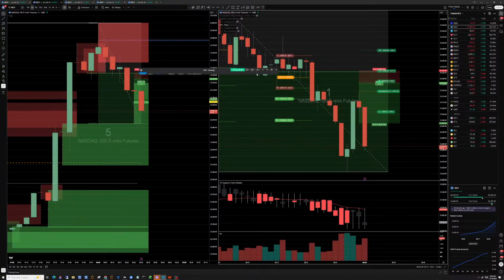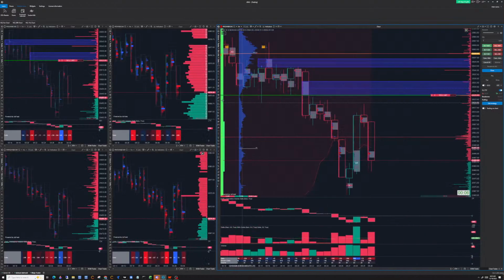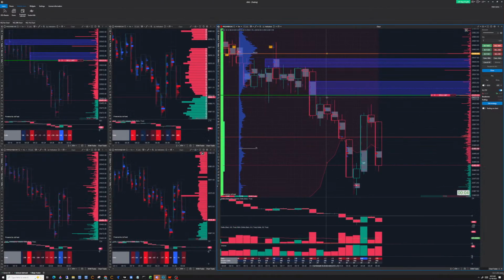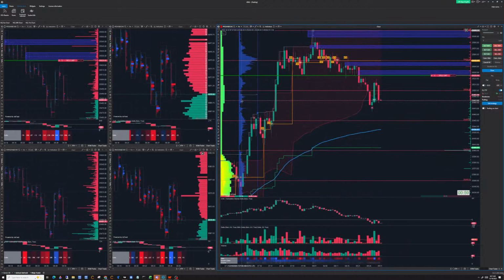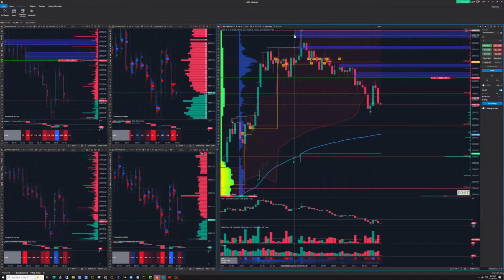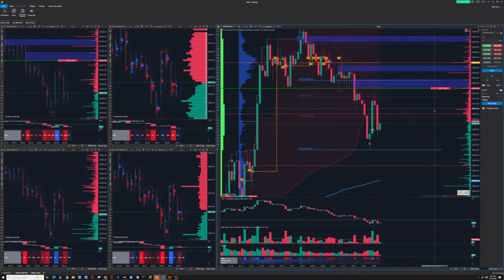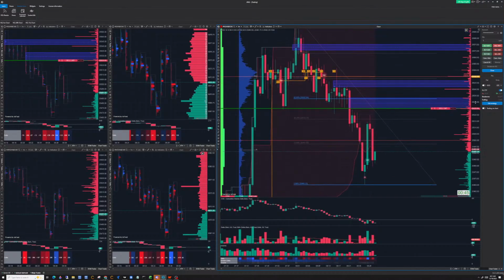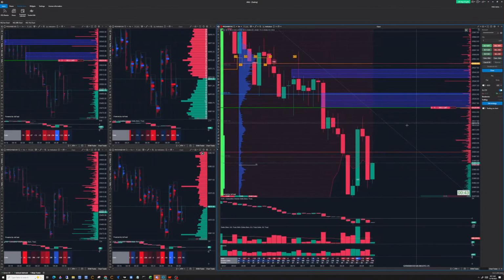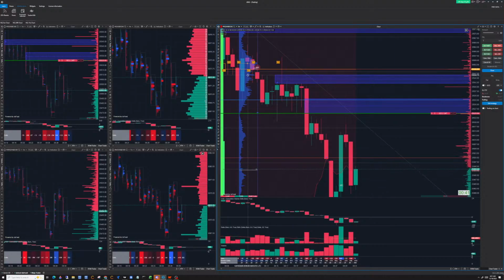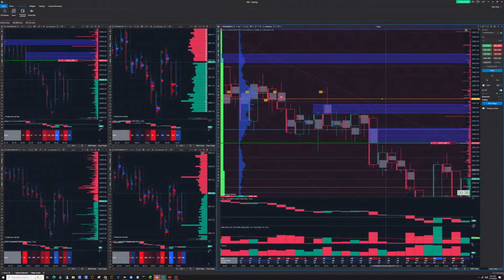I'll just show you what I'm marking up here. So this level here, you can see that this is where we are, and you can see that this is 50% right here, this blue line, 50% of the pullback. And so if price came back here and retested this area, which is the low of all of these candles, and then there's volume inside of there.